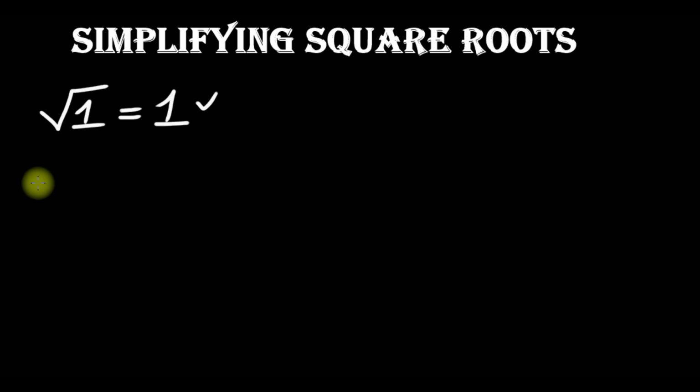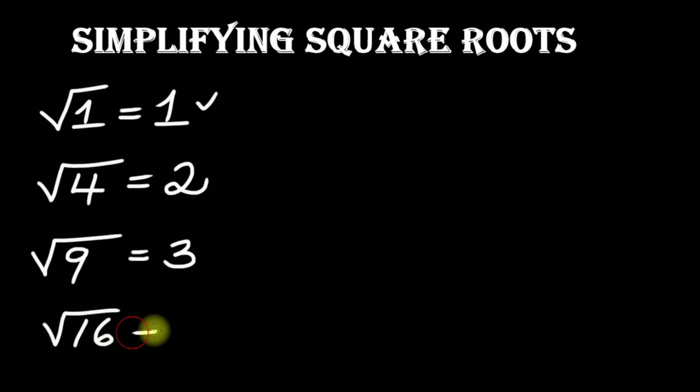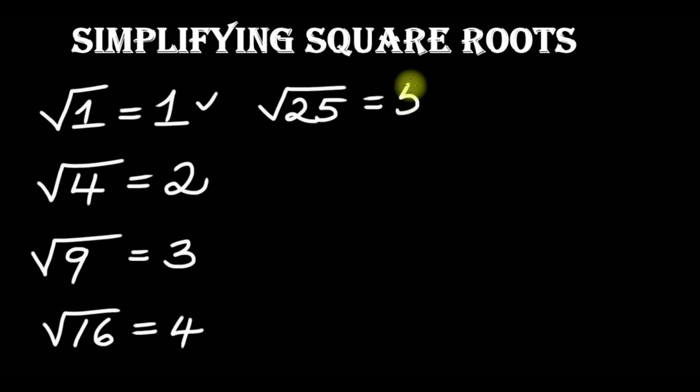And then the next perfect square is 4. Okay, so that's going to give us 2. And then the next perfect square is 9, and that's going to give us 3 because 3 times 3 is 9. And then the square root of 16 would be 4. The square root of 25 is going to be 5.